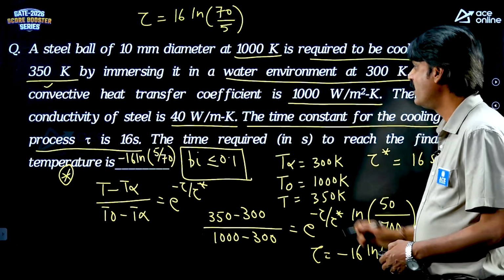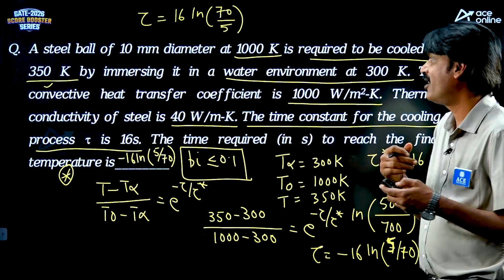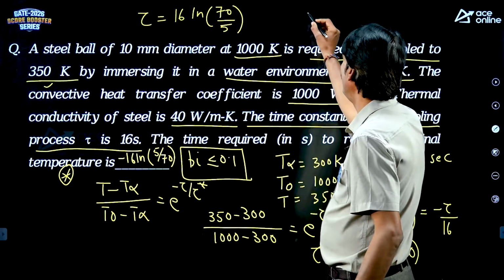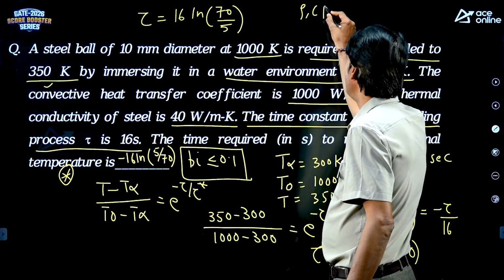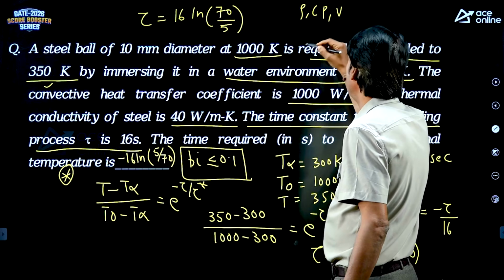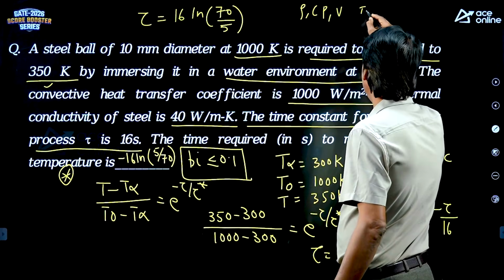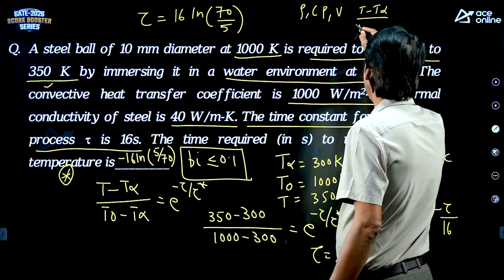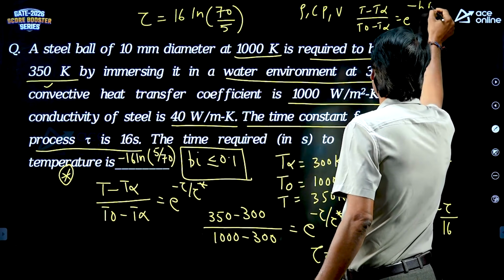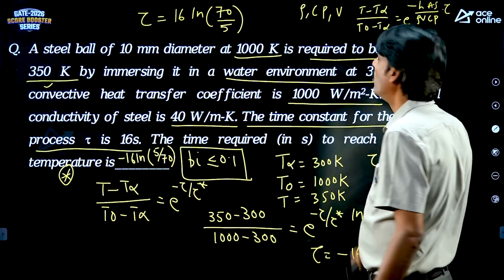Then, see how beautifully the questions are asked. If you are trying to go with a subjective pattern of question, we'll be giving you rho, Cp, then all other parameters, volume. Then you would be substituting this as T minus T infinity divided by T naught minus T infinity is e to the power of minus h into As by rho V Cp into tau.